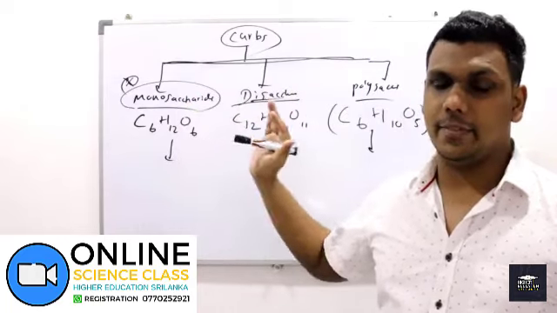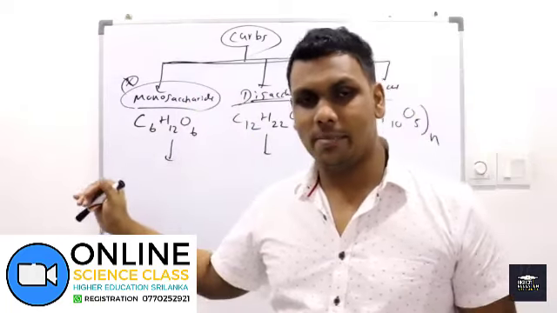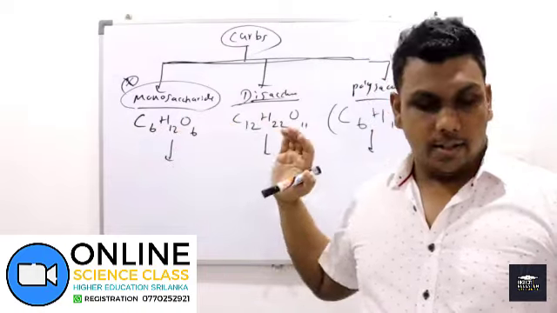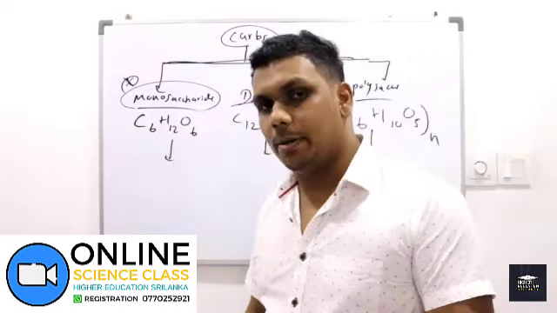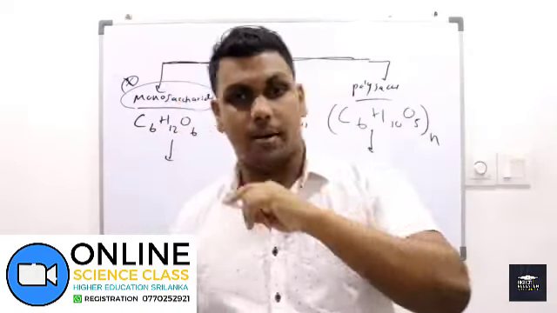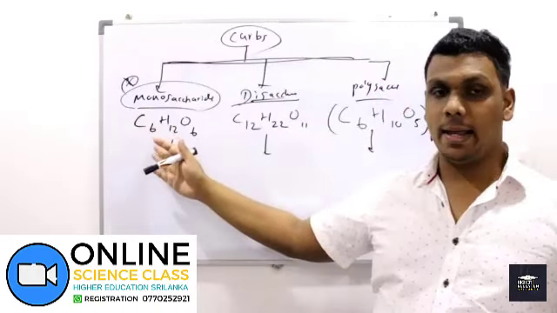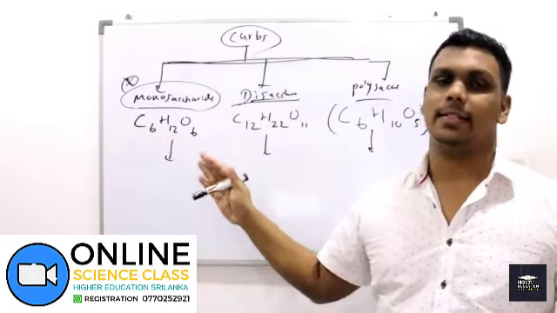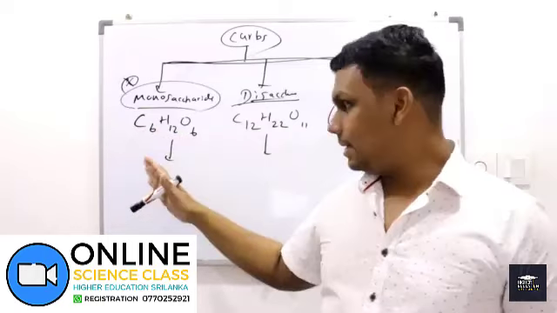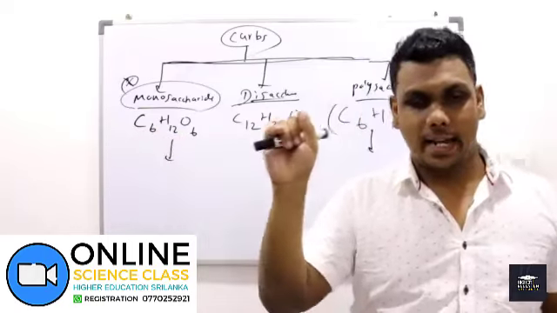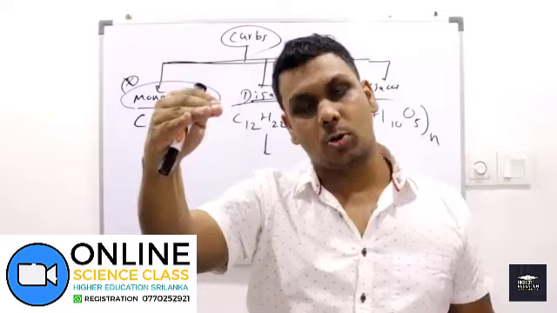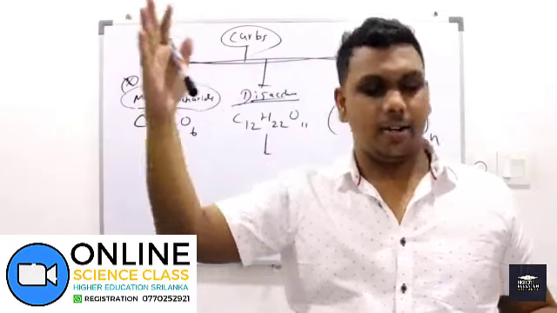Those are what we call simple sugars. The examples are glucose, fructose and galactose. These are simple sugars with the molecular formula C6H12O6. Small differences in this C6H12O6 determine whether it is glucose, galactose or fructose.